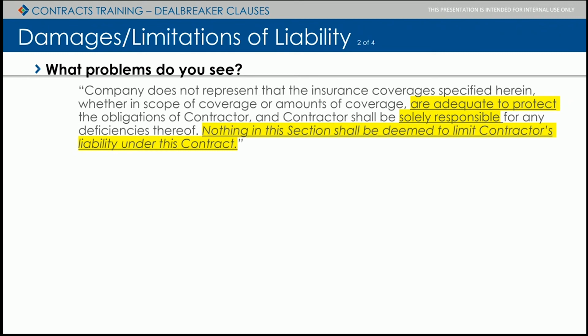And this is saying that it doesn't matter what insurance coverage we have. Damages are damages, and you're going to be on the hook for the damages that you cause. So that's something to keep an eye out for. And the solely responsible piece is exactly what it means: the duty to repay and the hurt falls directly on us.